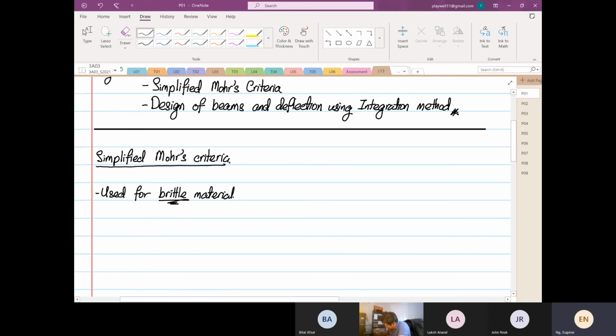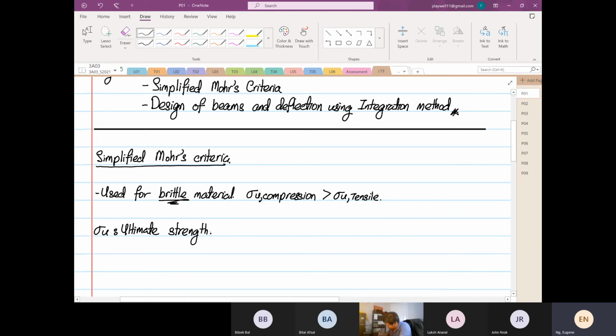So one of the things Mohr assumed is that the ultimate strength in compression is greater than the ultimate strength in tension. Okay, so stress U is your ultimate strength.